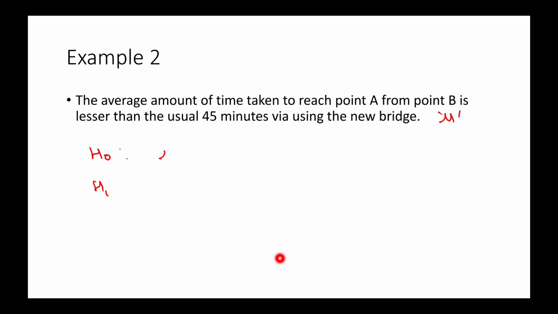Hence we can say that the null would be mu greater than or equal to 45, and obviously the alternative is the alternate to that, which is mu less than 45. So hope you got the concept of the null and the alternative, and how to frame a hypothesis.